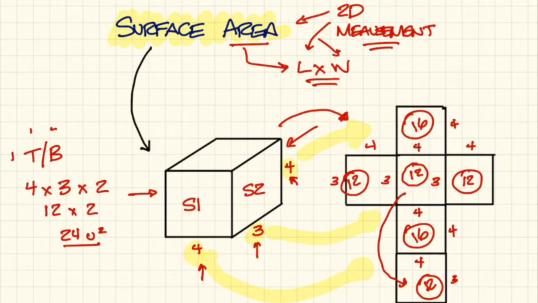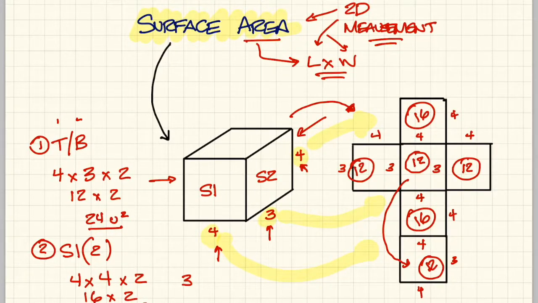So in step 1, I've worked out the top and bottom. Step 2, I'm going to talk about side 1 and its counterpart. So I know there are 2 sides. Side 1 is 4 by 4 by 2. 16 times 2, 32 units squared.